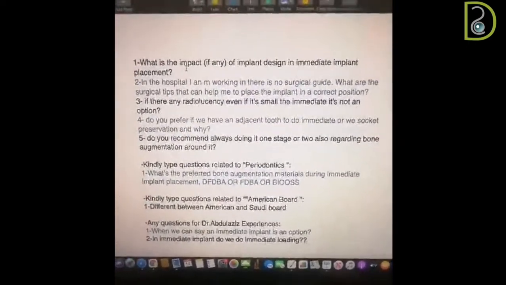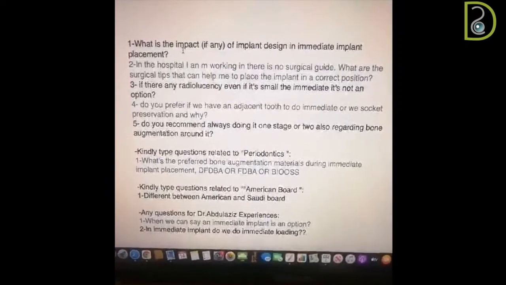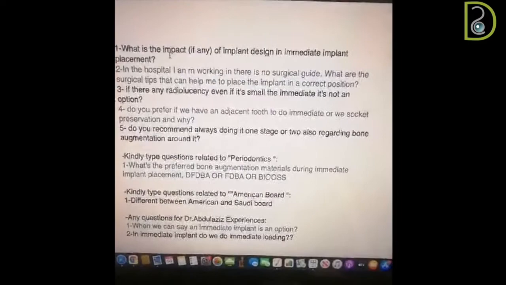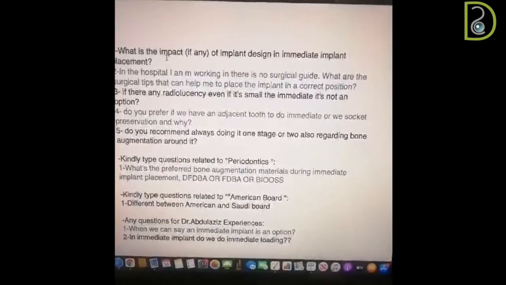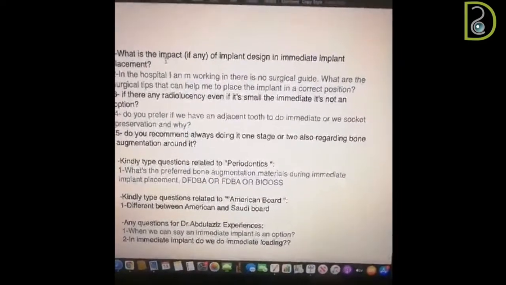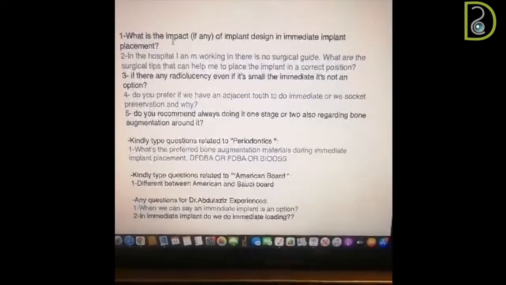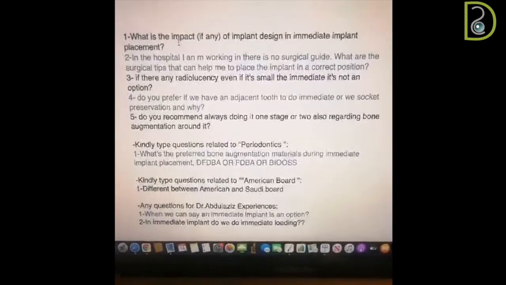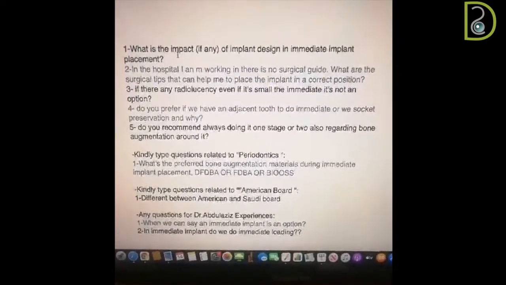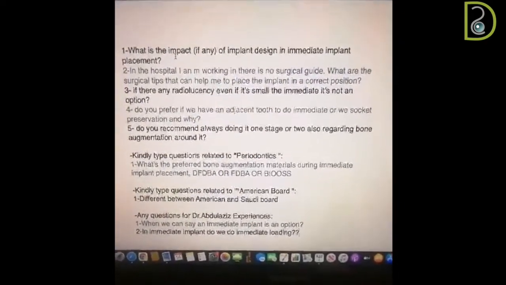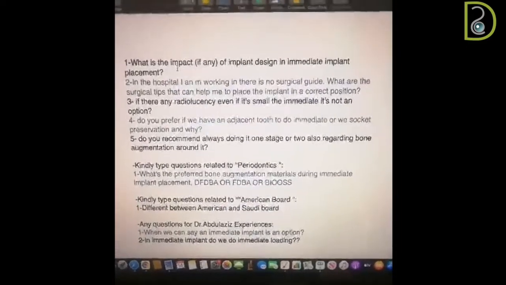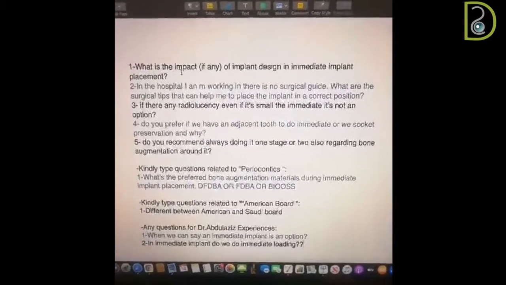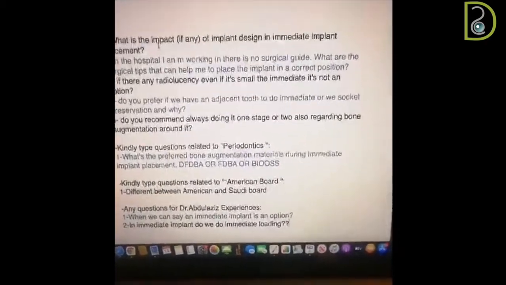So the second question is saying, in the hospital I am working there is no surgical guide. What are the surgical tips that can help me to place an implant in the correct position? I believe I answered this question during the presentation. So basically, if you are placing an implant between two teeth, usually you will try to follow them, and sometimes if they are at two different angles, you will follow the anterior implant.